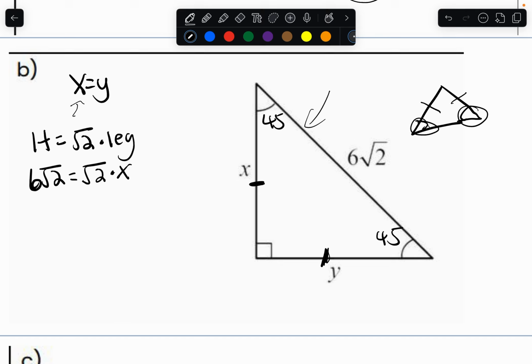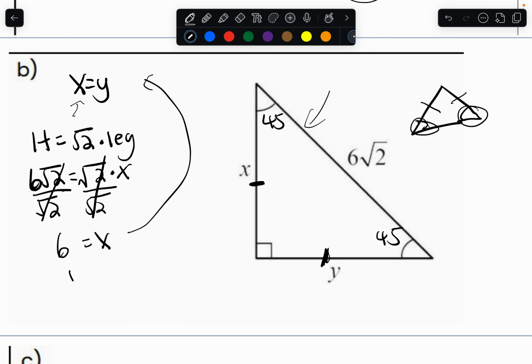Okay, now we just have to solve. To isolate my x, I divide by square root of 2 on both sides. The square root of 2 cancels out on the right, and this gives me x equals 6. Now, once I know my x is 6, I know automatically through the previous part that my y here will also be equal to 6, and that solves my question.